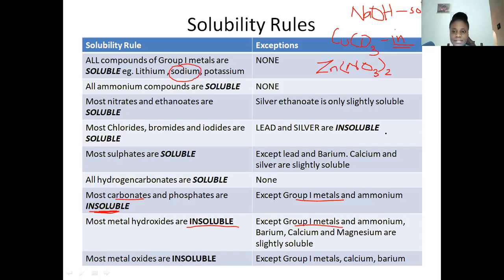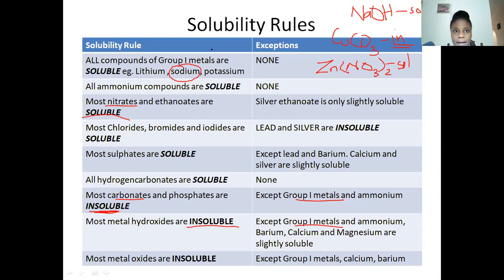You're typing it in the chat? It's soluble. Okay. Can someone tell me why zinc nitrate is soluble? Because nitrates are soluble. Good. Well, you have no exception. All nitrates are soluble. All right, excellent.